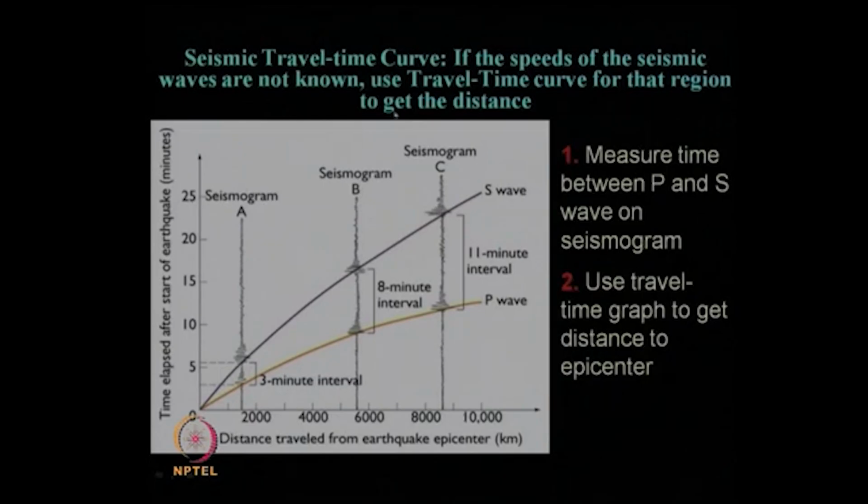Fine. So, this is another way to find the typical distance, and once you put it, you will definitely get from the curve the typical distance of the epicentral point from that seismogram station.